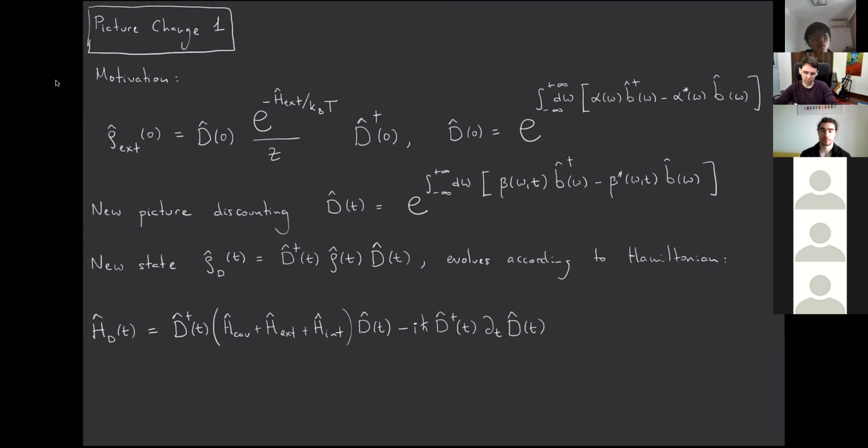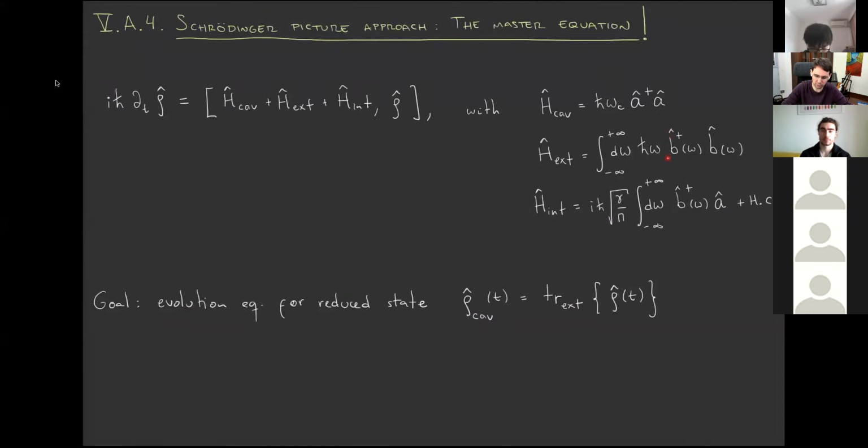Okay, so we already saw that when we move to a new picture, this is the Hamiltonian in the new picture. I will not show it here, but you have it in the lectures: if you just expand this expression carefully, you know how the displacement acts on, in particular, the B operators, because this is a unitary that depends only on B, so the part of A is untouched.